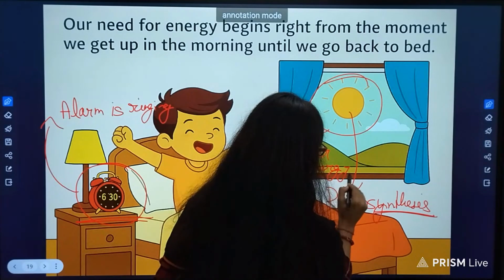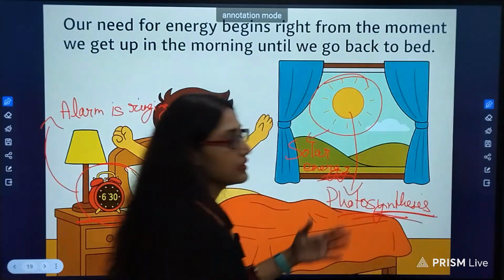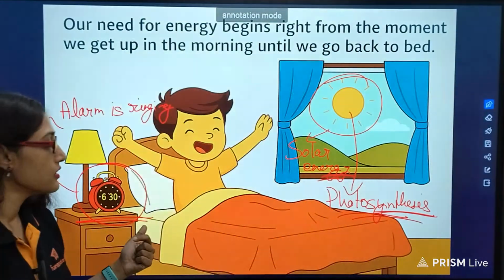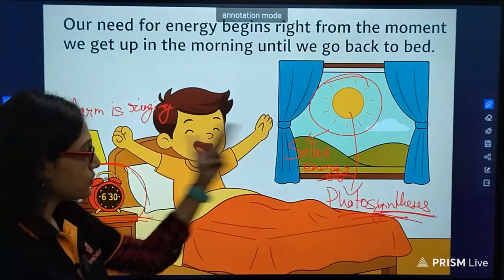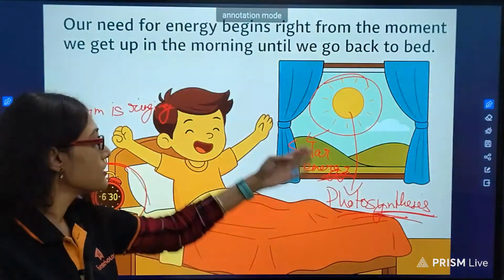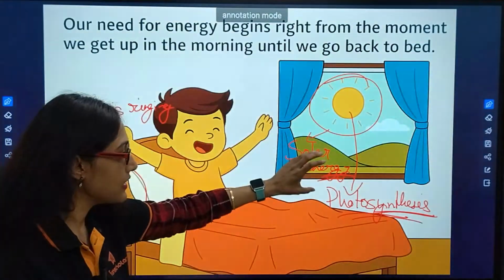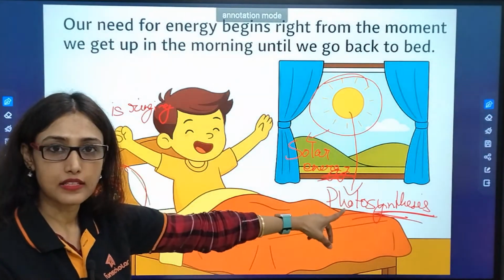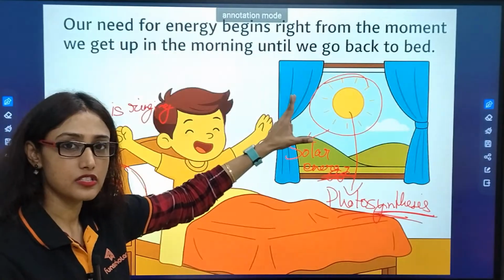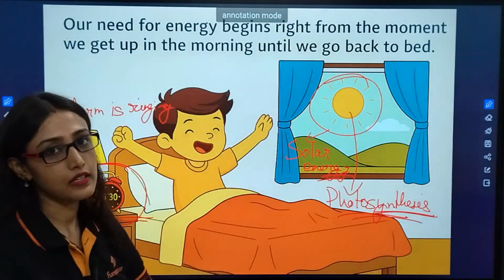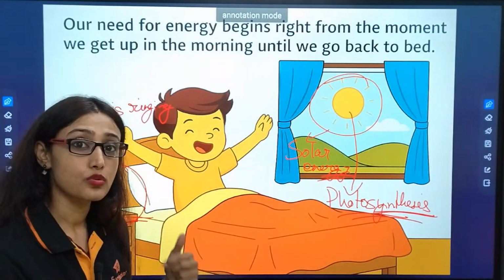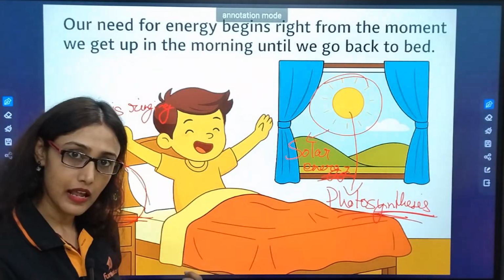You have learned about photosynthesis in your previous class, class 4, so you know what photosynthesis is. Plants also need energy, and where do they get energy from? They get energy from the sun. So the sun is our ultimate source of energy, right?